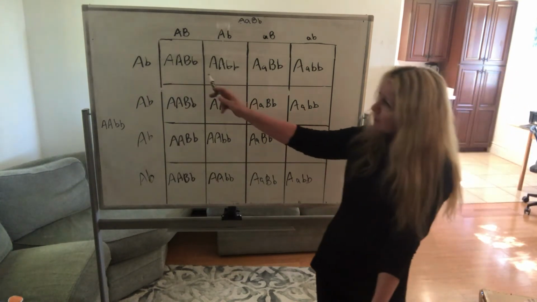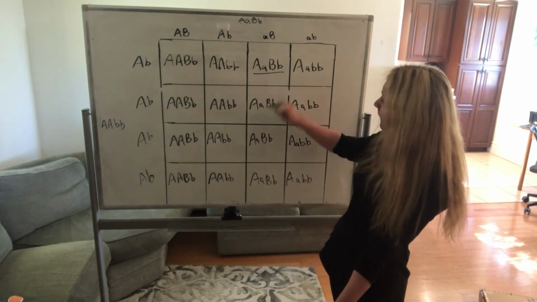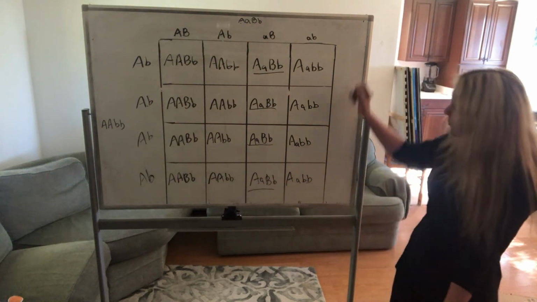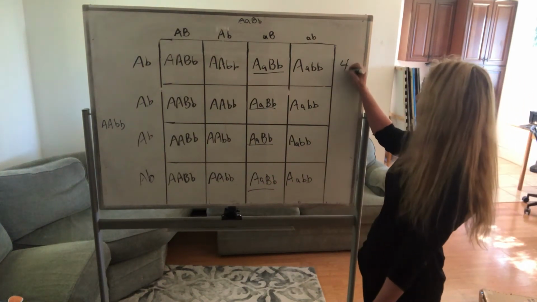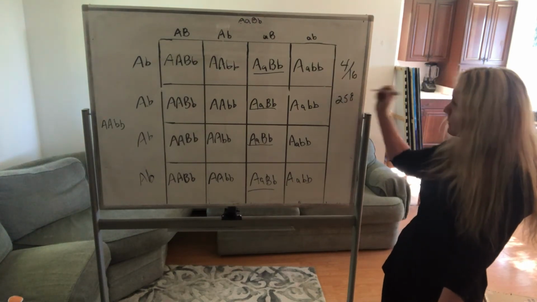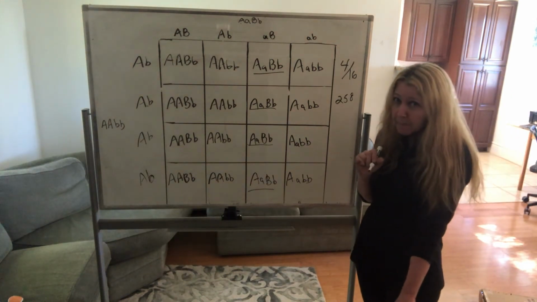We can see we have one here, here, here. So 4 out of 16, which is 25%, are double heterozygote. Okay, so that's the genotype.